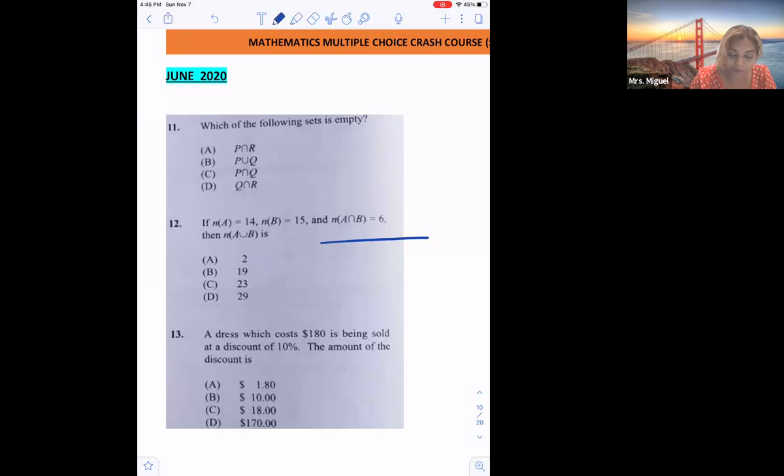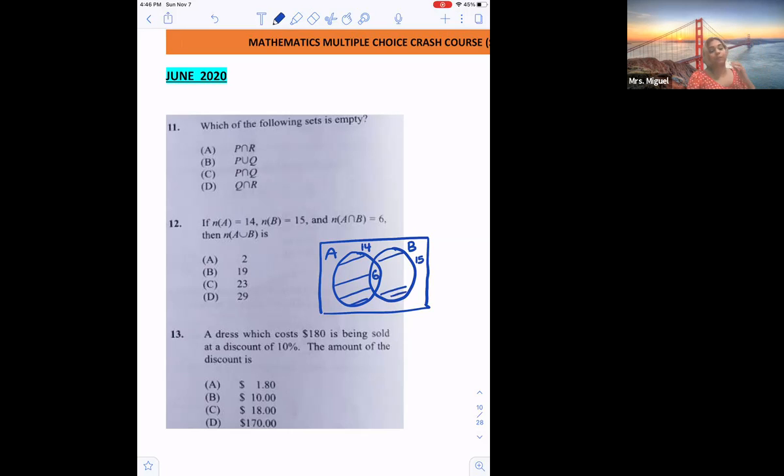And to do number 12, you need to draw a diagram. Here A, B, this is 6. So work out this part here. If the whole circle is 14 and this part is 6, how much is the outside? And if this whole circle is 15 and this part is 6, how much is this piece here? So try that while I get the other part of question 11.